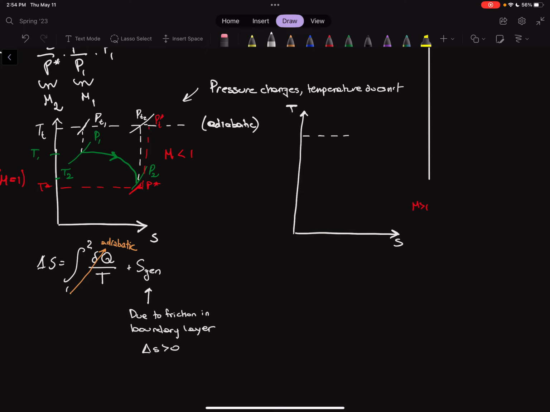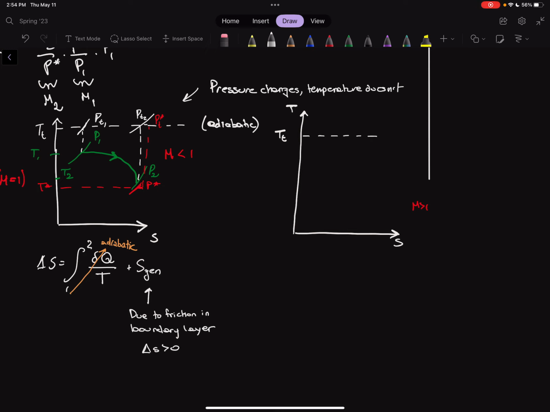Mach goes down from supersonic to 1 at least. That would be the last case. So Mach goes down, temperature goes up, and entropy still goes up because of the friction. So if temperature goes up and entropy goes up, I'm gonna go to the right and up. So the same thing, but with the supersonic case for M1 would look like that.